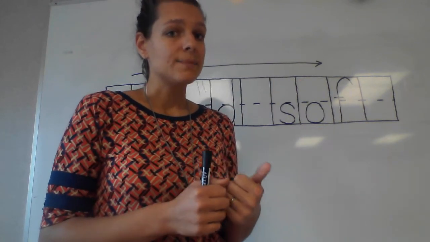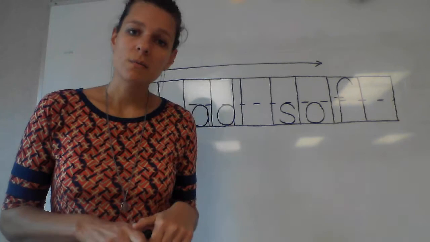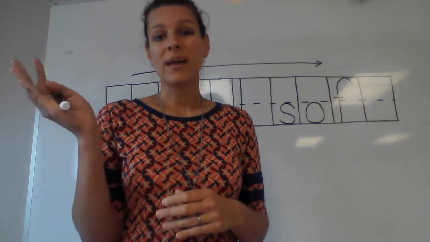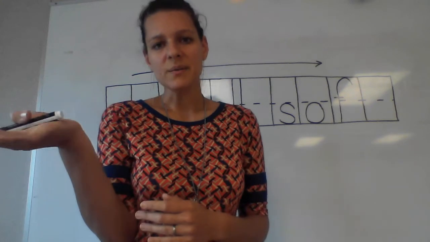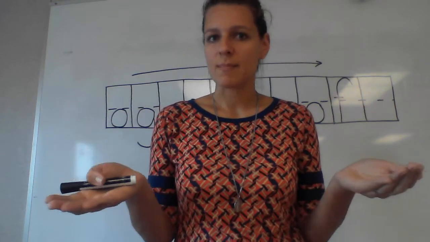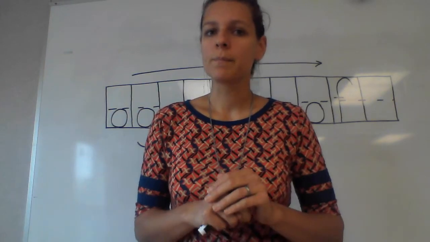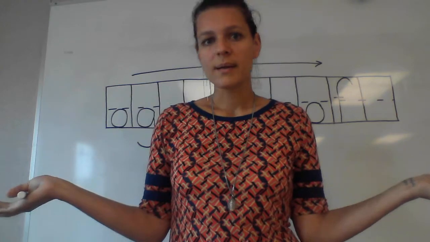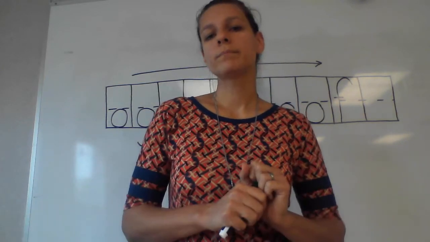When we're learning to spell, it's helpful sometimes to use what we call nonsense words, which are words that we can still write and read, but they don't actually have a meaning in the English language. You couldn't look them up and find them in a dictionary. So what we did is we just wrote some nonsense words.